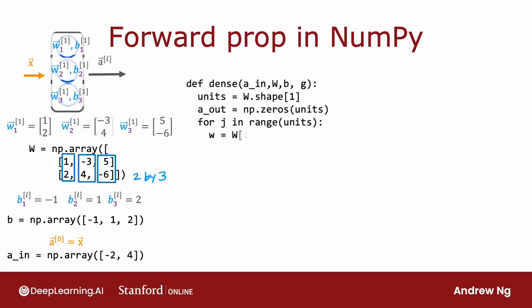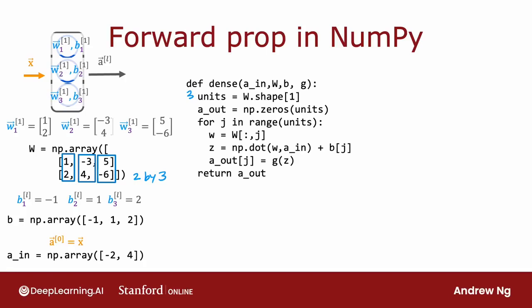Here's the code. First, units equals W.shape[1]. So W here is a 2 by 3 matrix, and so the number of columns is 3. That's equal to the number of units in this layer. So here, units would be equal to 3.